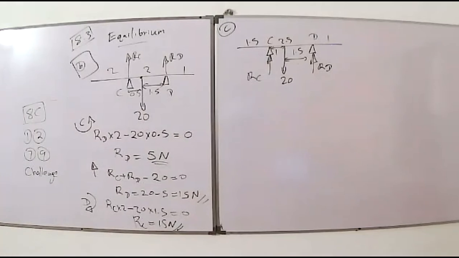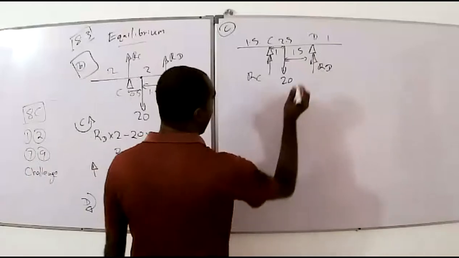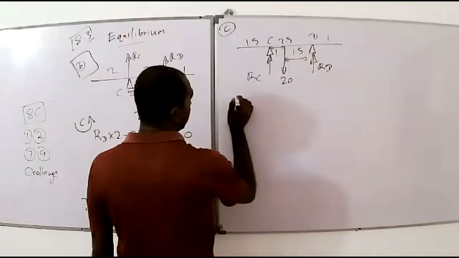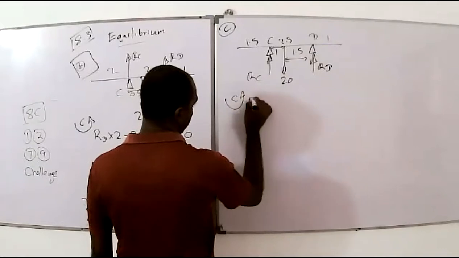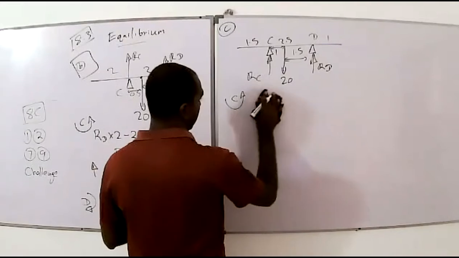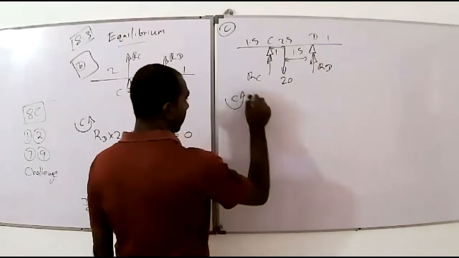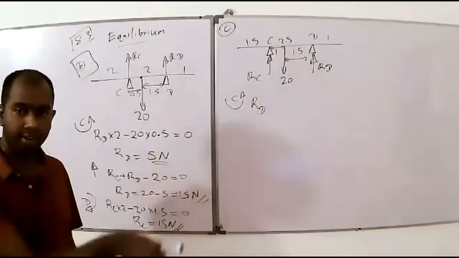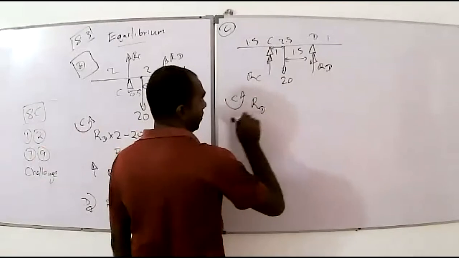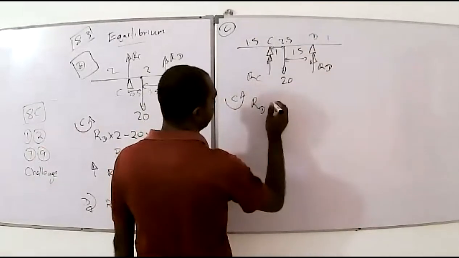Okay, thank you both, for RD and RC. Think when you take in the direction where RD is positive, it's always easy, no? Like if I take anti-clockwise around C, RD will come as negative. So I have made something negative. It's a little bit of one step more, no?